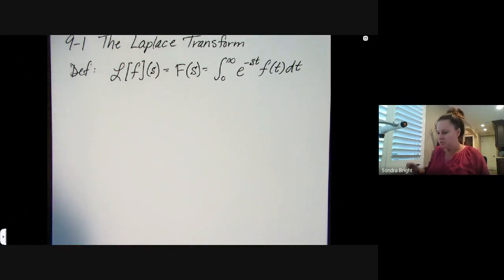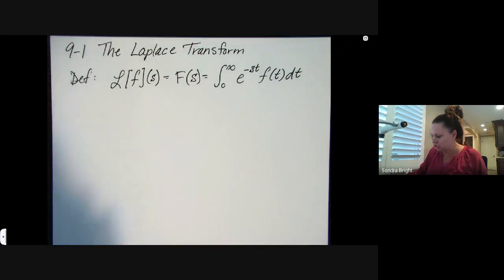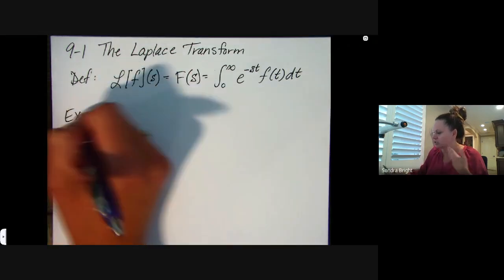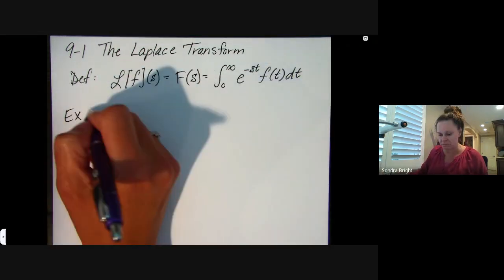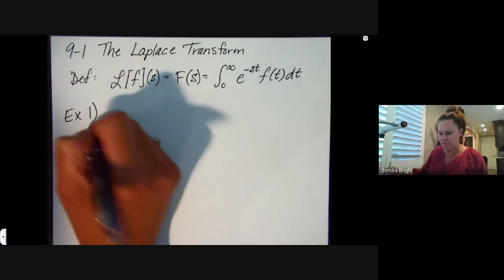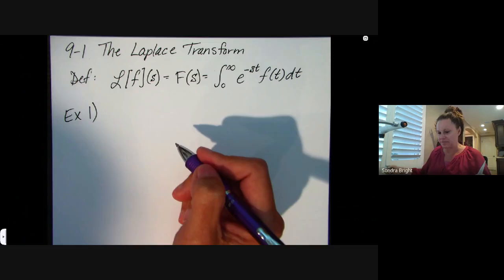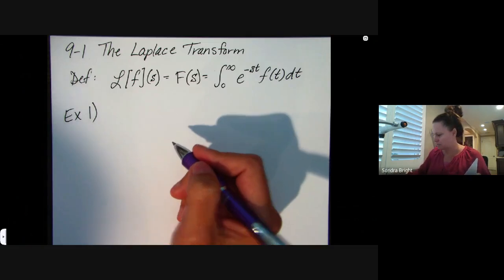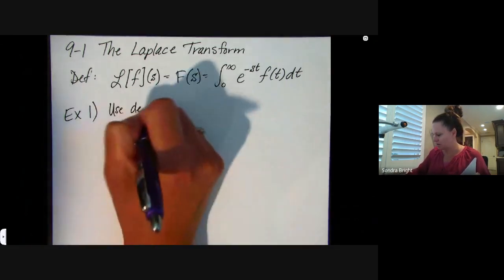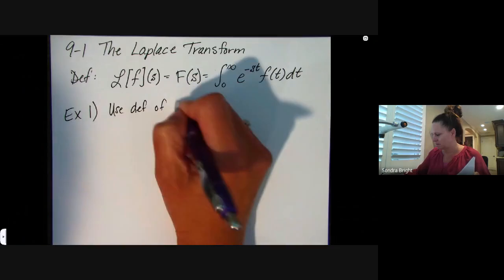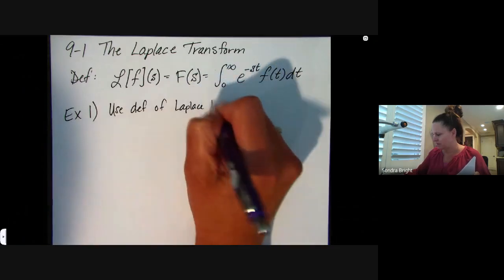Okay, so let's just straight up practice using this definition. So we're going to use the definition of the Laplace transform to find the following.